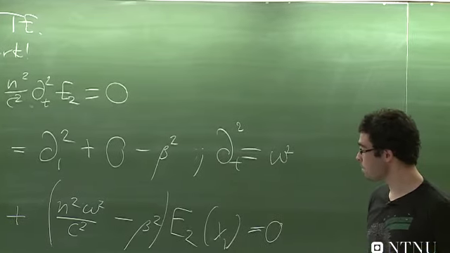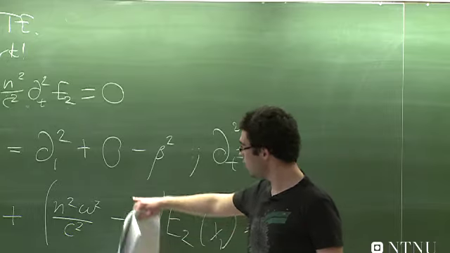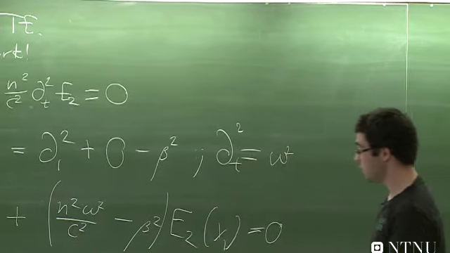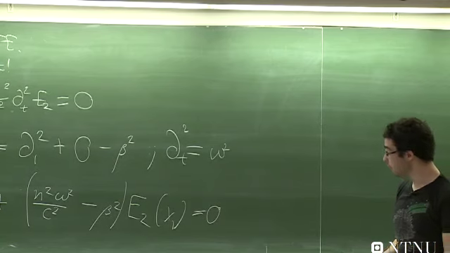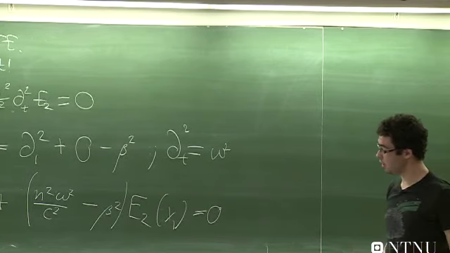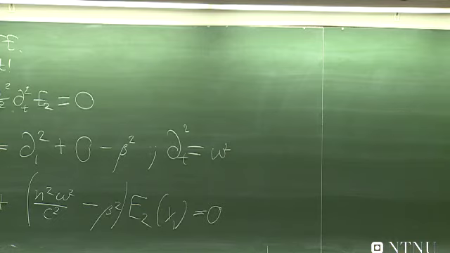Okay? So this x3 derivative was particularly simple, along with the x2 derivative, which gives us basically a one-dimensional equation. Okay? So now this is actually, it's not even a partial differential equation anymore. It's simply an ordinary differential equation.